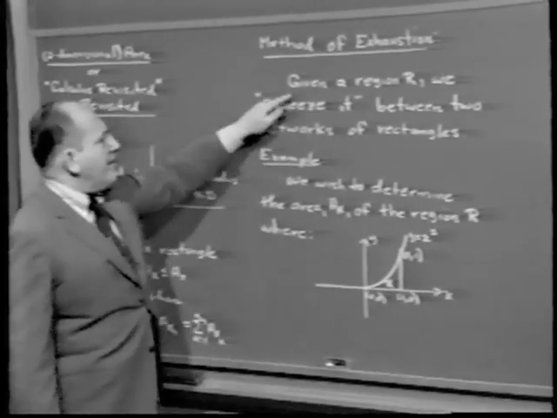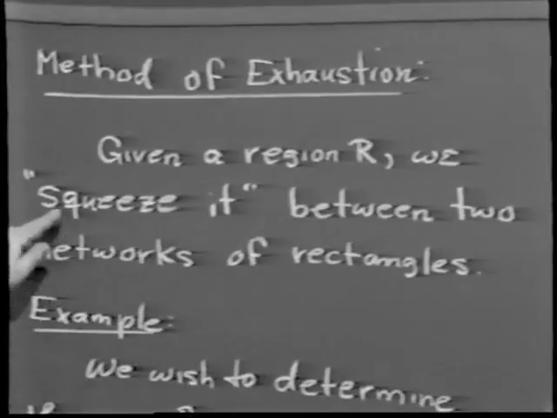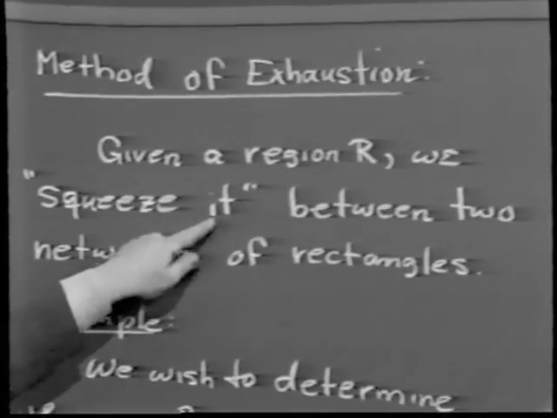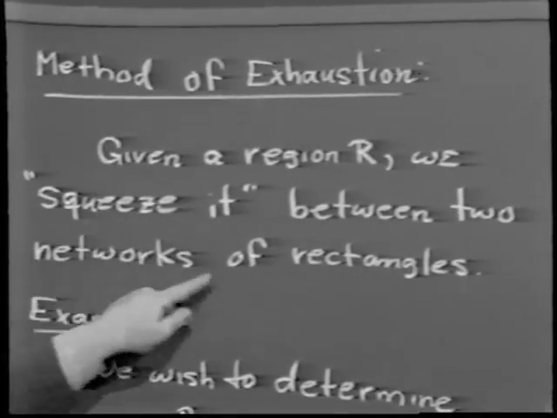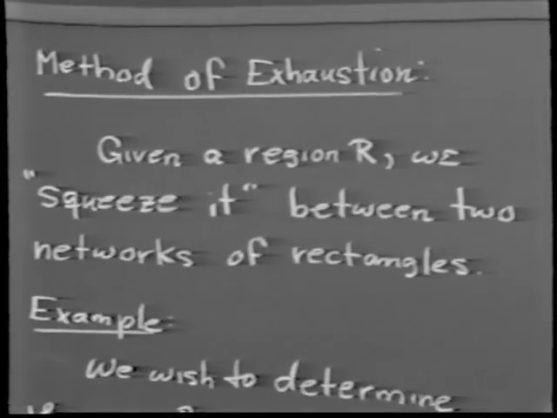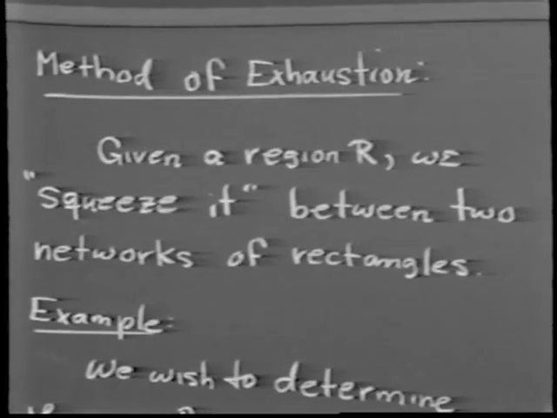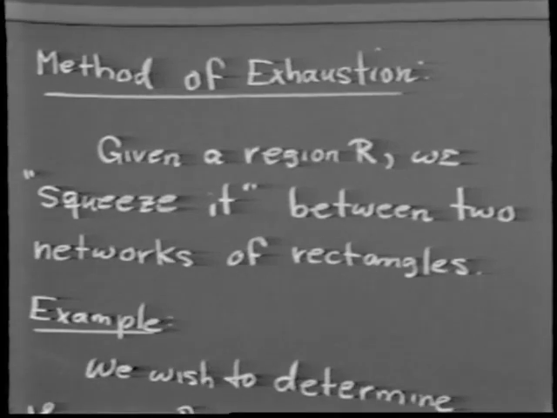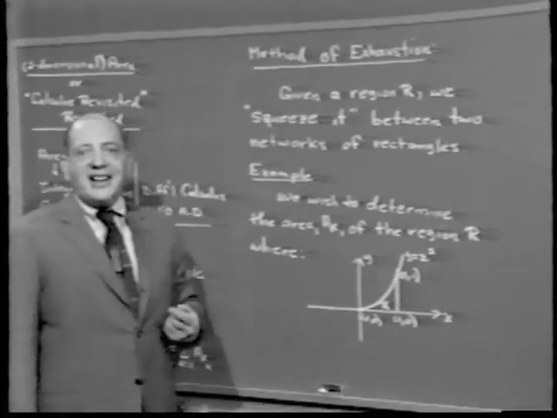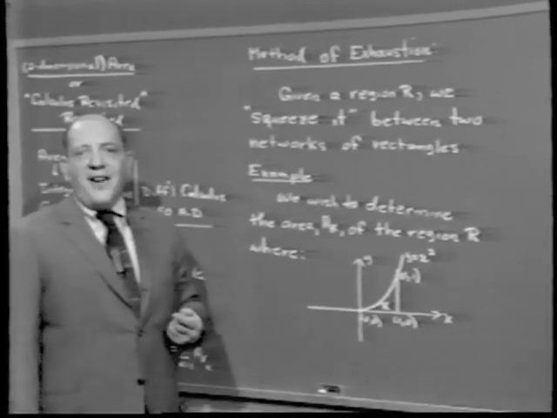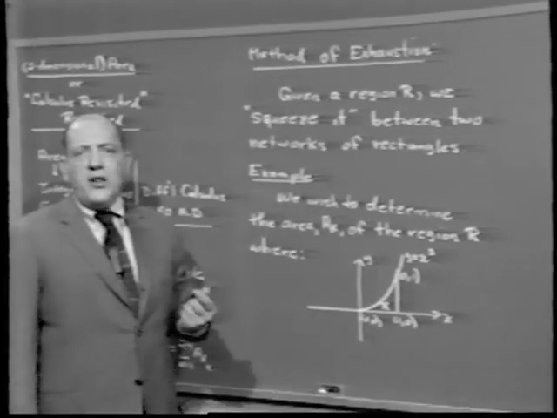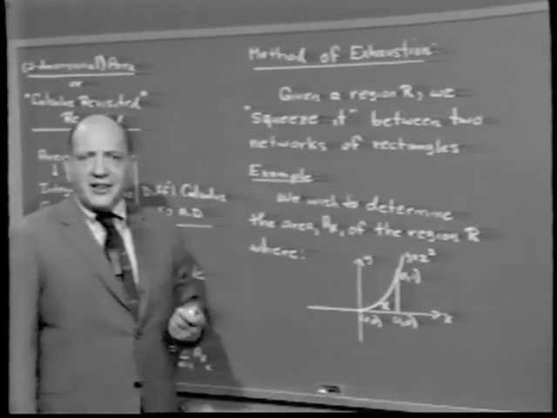Stated more precisely, given a region R, and I'll define this more precisely later, we squeeze it between two networks of rectangles. The idea being what? That we know what the area of a rectangle is, and consequently, by the fact that the area of the whole equals the sum of the areas of the parts, if we have a rectangular network, knowing how to find the area of each rectangle, we know how to find the area of the rectangular network.